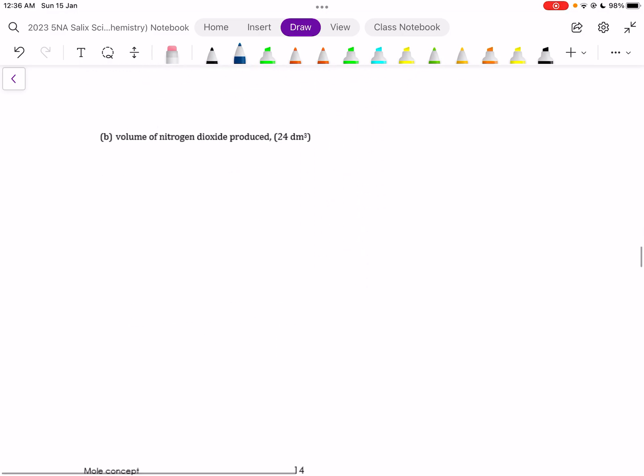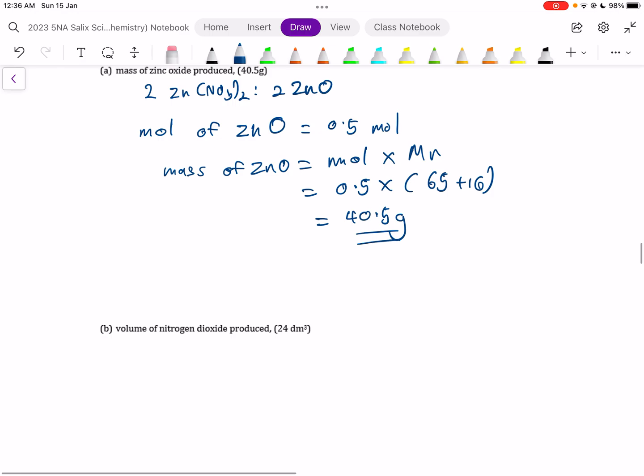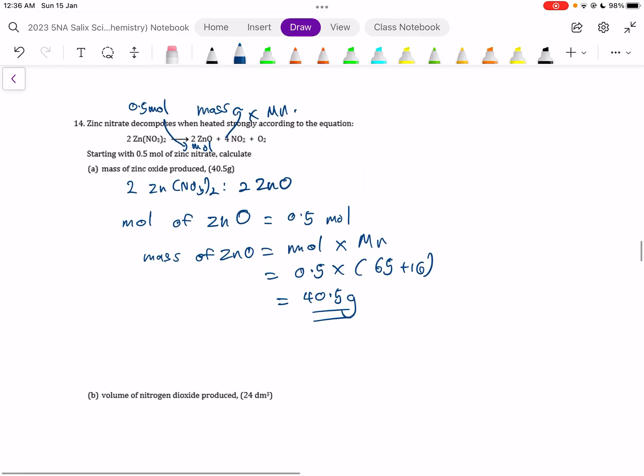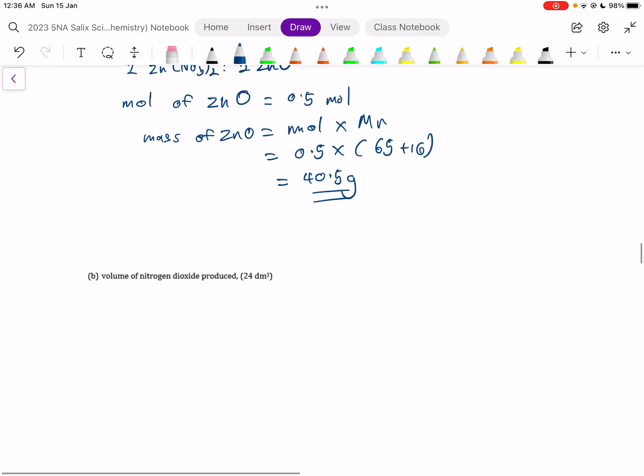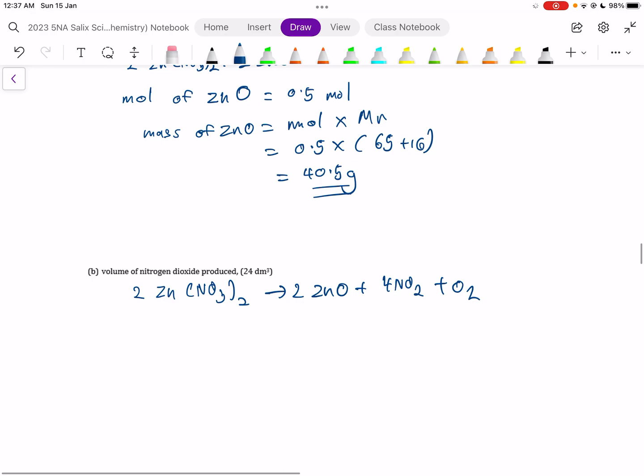The next thing is you need to find the volume. Maybe I copy the equation down over here, it will be easier for me. You need to find the volume of this.